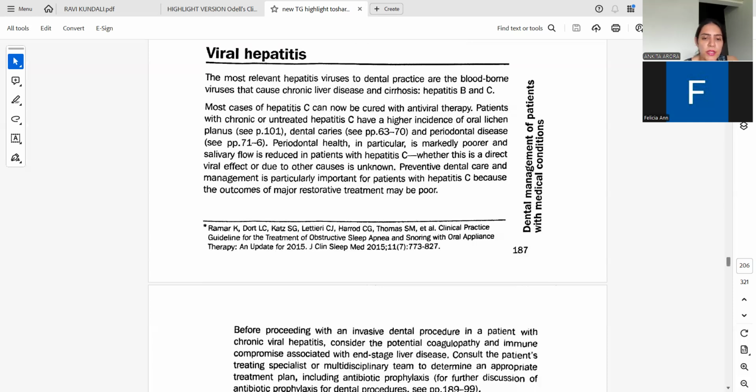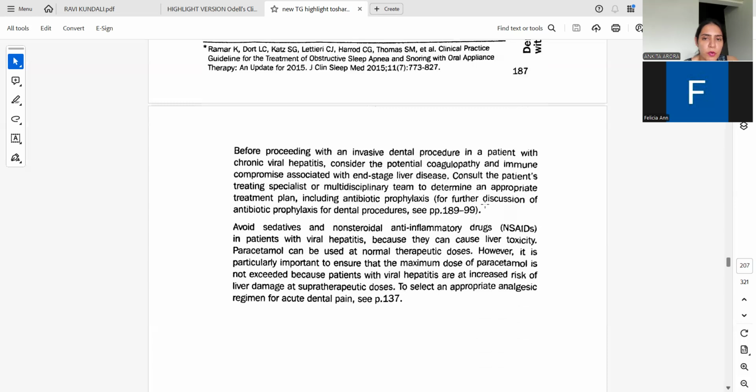Then, before proceeding with an invasive dental procedure in a patient with chronic viral hepatitis, consider the potential coagulopathy and immune compromise associated with end-stage liver disease. So, in viral hepatitis, because vitamin K dependent factors are not produced because of liver involvement, there can be coagulopathy and immune compromise, which is because of the liver disease.